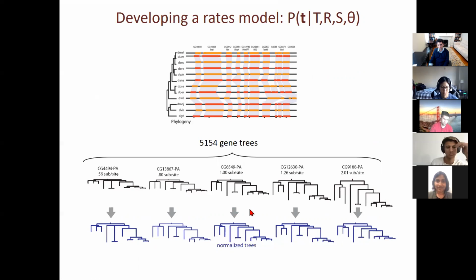Who's with me here on the concept that these gene trees are all sampled from the same underlying distribution of gene trees from that set of species? And as I do that sampling, I can scale them according to some genes that are simply evolving faster, perhaps because they're more involved in environmental adaptation, versus genes that are evolving slower, perhaps because they are involved with histone function or something like that, which generally evolves very slowly, regardless of the species that they're in.